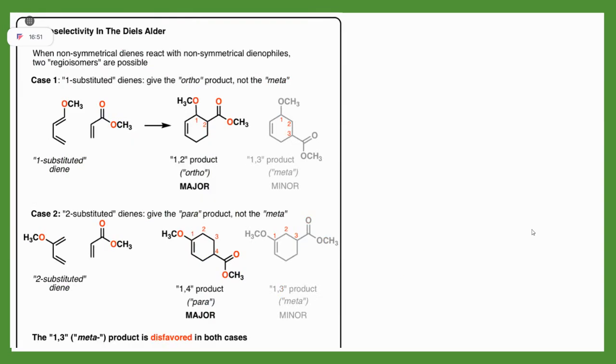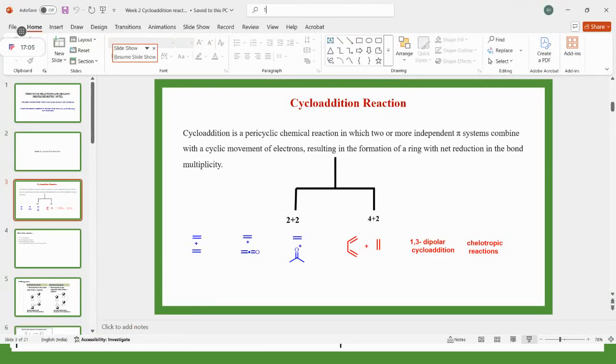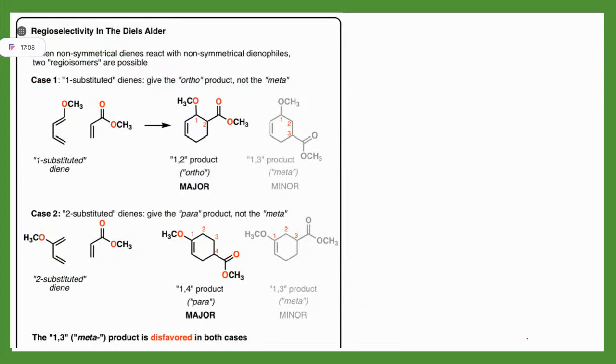Now comes regioselectivity in Diels-Alder reaction. Regioselectivity means, see, there are two possibilities. Let's say this is your diene. Now this dienophile, let's say it is having this electron withdrawing group.